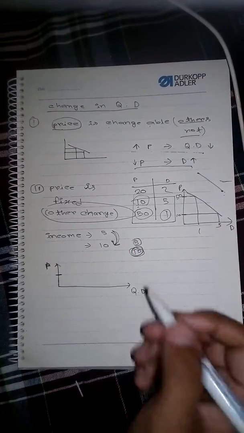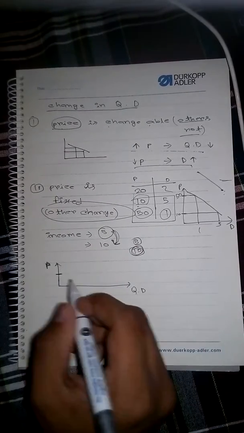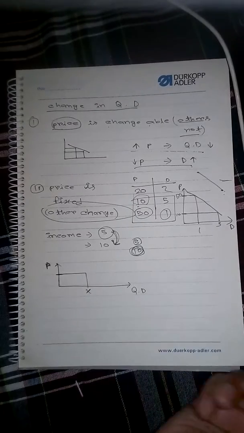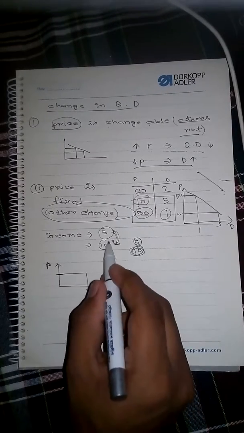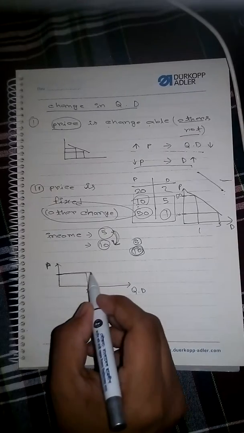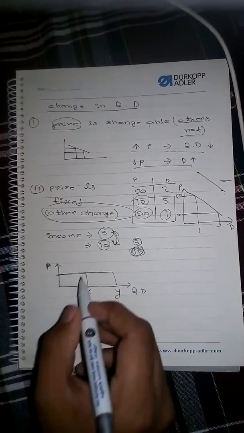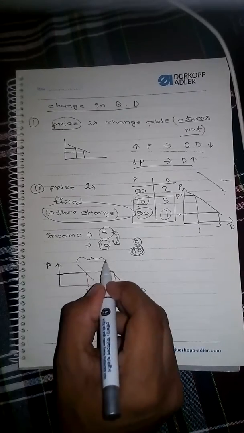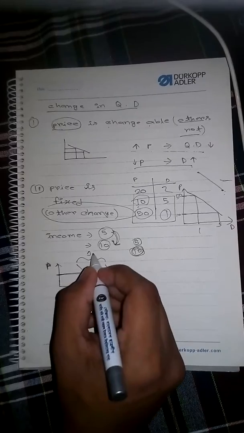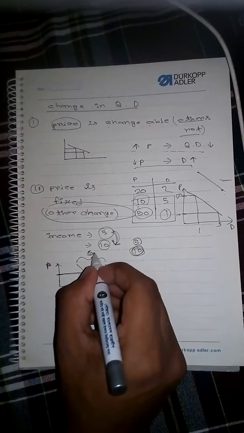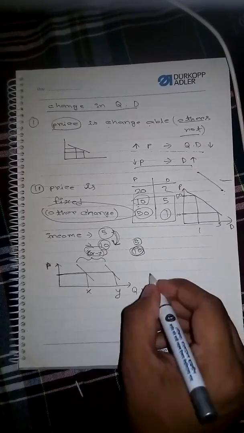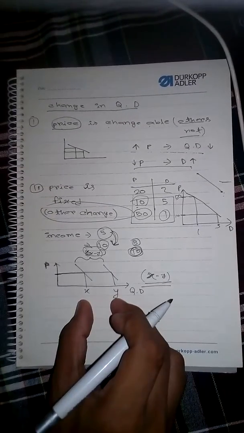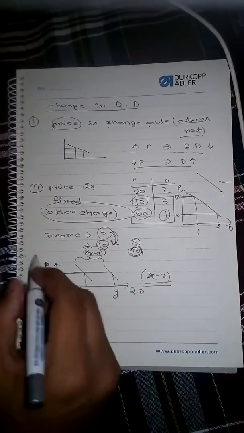So when you earn $5, you will demand like this one, this could be point X. Now you earn $10, so your demand will increase to Y, and the graph will go from this one to this one. The increase is happening from here to here, which we can denote by x minus y. Here the price is fixed.